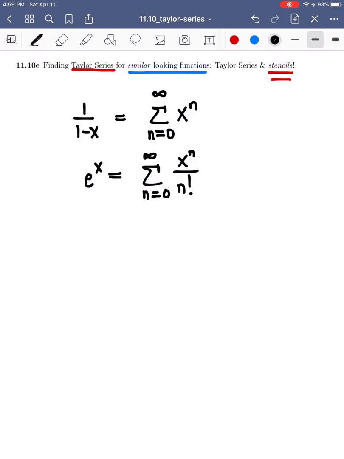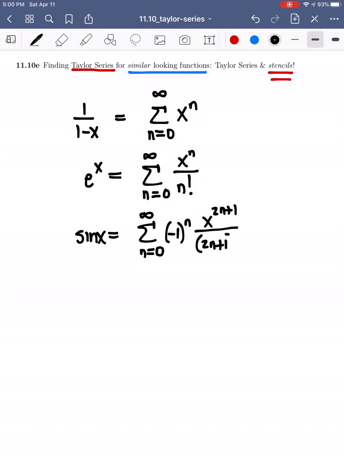And then we found out the Maclaurin series for sine and cosine, where sine took all of the odd terms and cosine took all of the even terms. Basically, we had negative 1 to the power of n, and then x raised to the 2n plus 1 all over 2n plus 1 factorial.